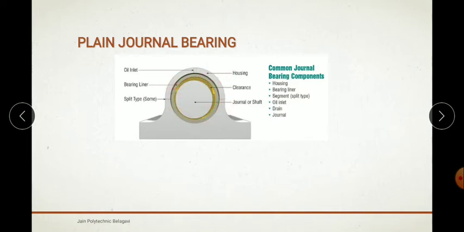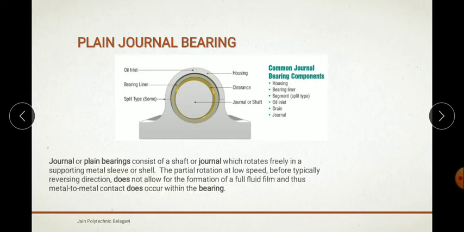This oil does not allow contact between the shaft and the bearing liner, so that it reduces the friction. So lubrication is important, which helps the journal to move without contacting the bearing liner. This is the explanation regarding the plain journal bearing.